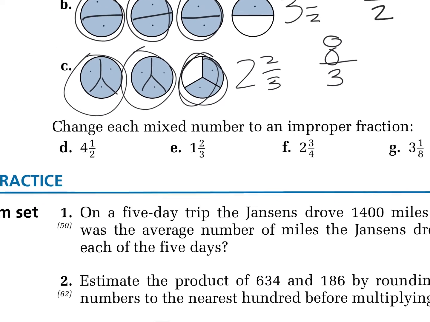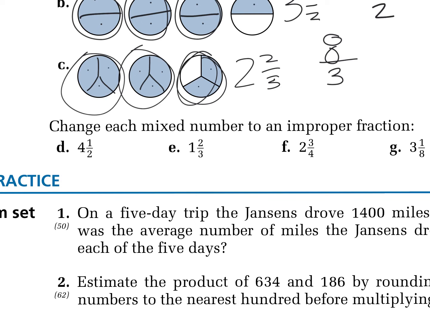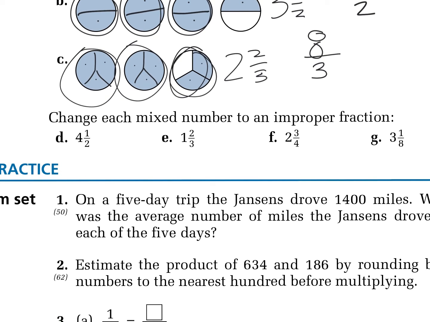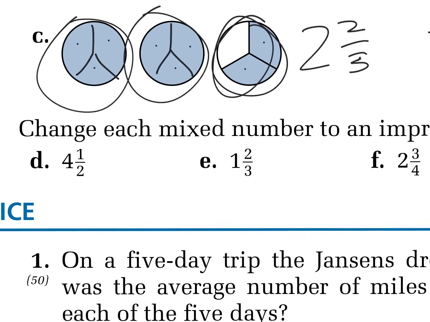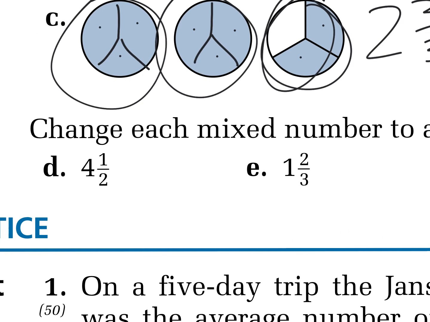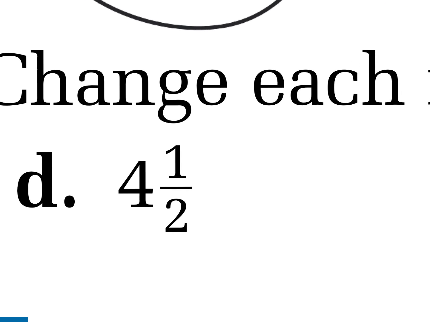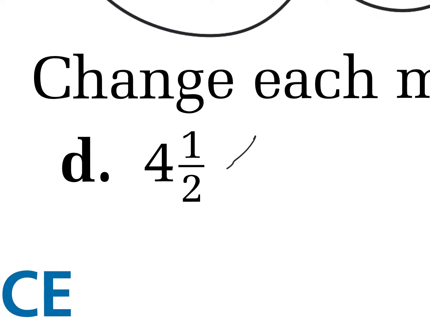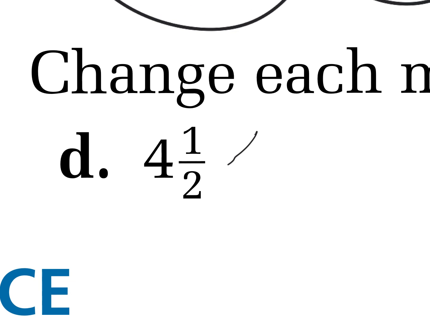It says change each mixed number into an improper fraction. I'm going to teach you a quick way to do this. When we have a mixed number, the quick way is to multiply the whole number times the denominator and then add the numerator.